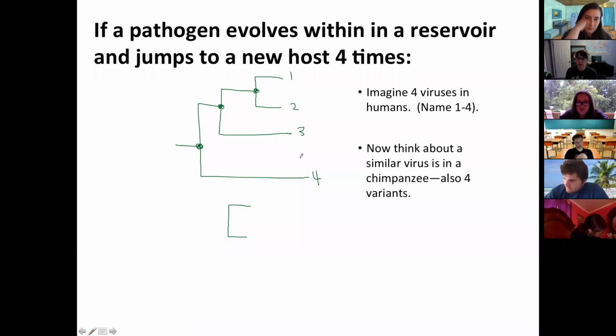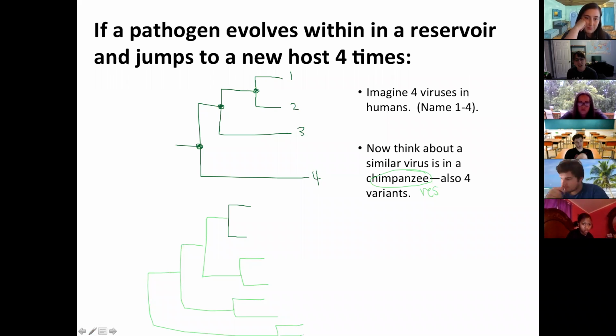Now I'm going to imagine a scenario where the pathogen evolved within a reservoir and then jumped to a new host 4 times. And let's call the chimpanzee our reservoir. What you would get in a phylogeny for that would look something like this. And I did practice this before so I wouldn't screw it up. I don't expect you to be able to do this very quickly because it took me a few minutes. That's at the bottom of the slide.